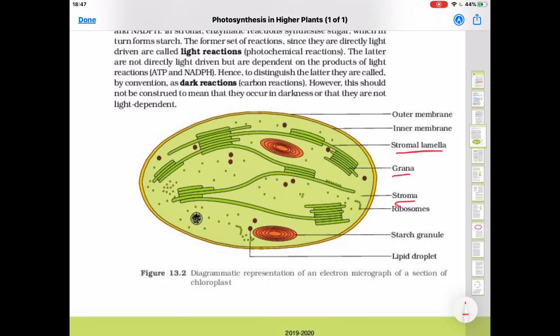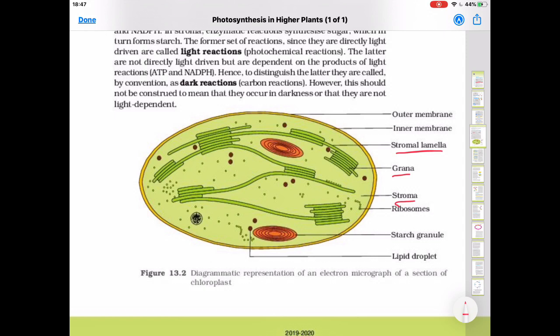In the grana, the light energy is absorbed and it helps in the formation of ATP and NADPH. These two molecules, they are the energy molecules, they provide energy. Since this reaction occurs under the light energy, these reactions are known as light reactions.